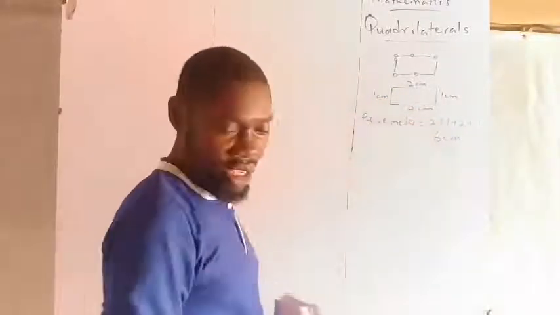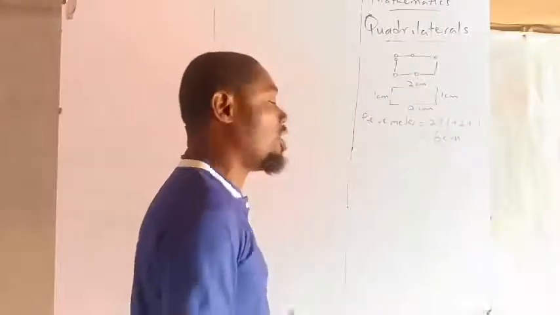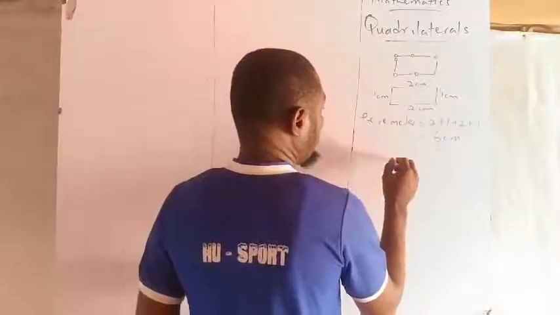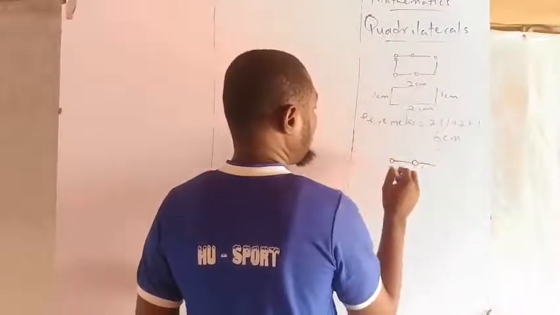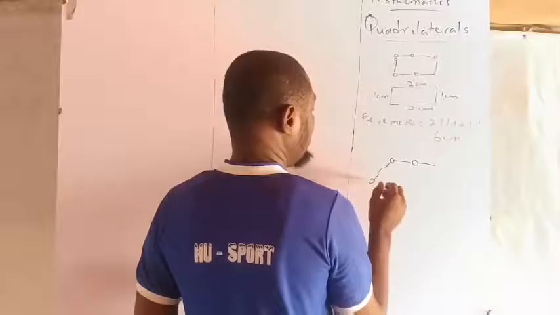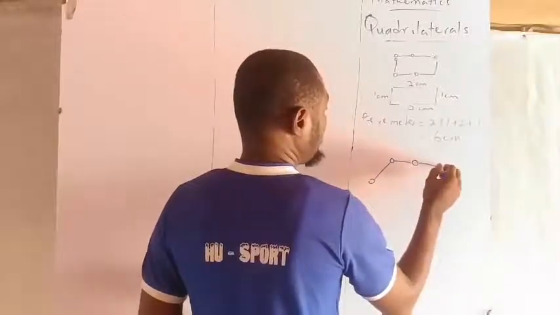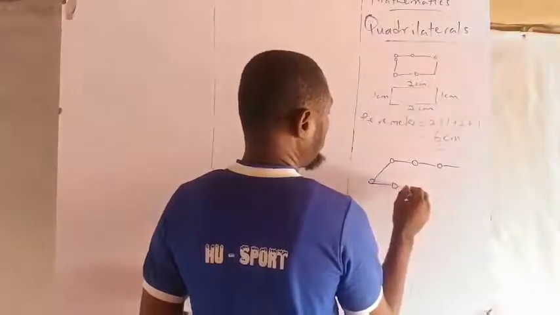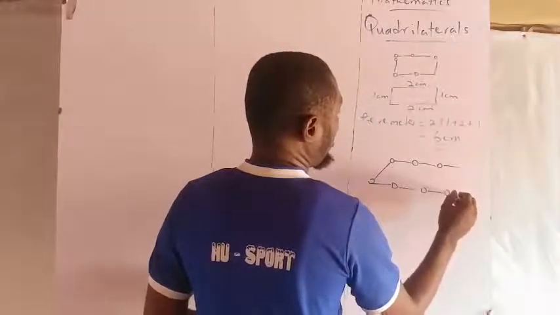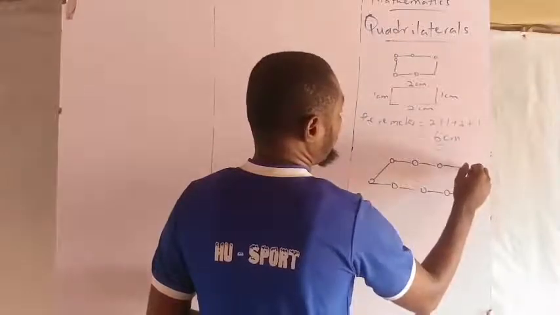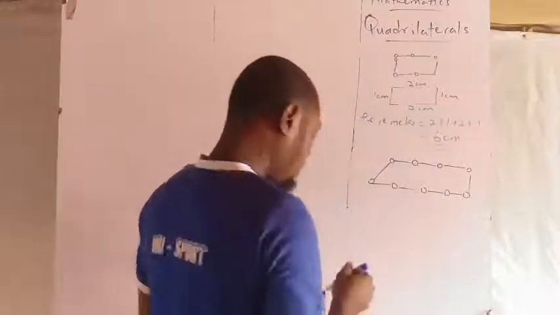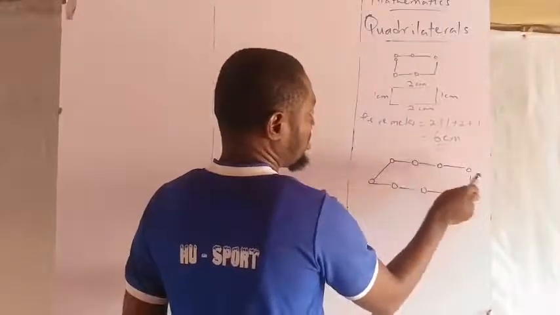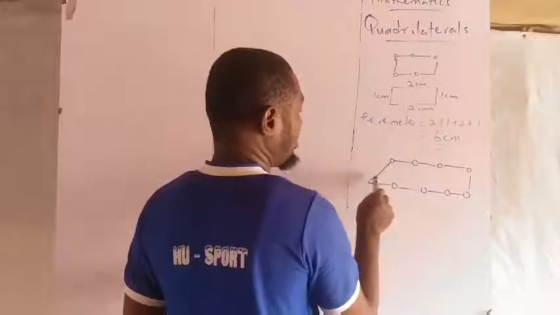It's the same thing if you're to do that of a trapezium, for example. A matching stick here, put 1 here. Let me say 3 this time around. Put 1, put 1, put 1, put 1, then put 1 here. You see, you have how many sticks? 1, 2, 3, 4, 5, 6, 7, 8, 9.